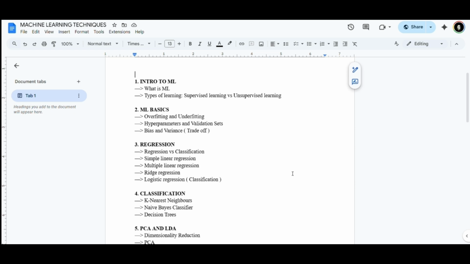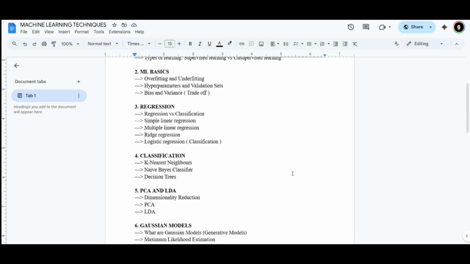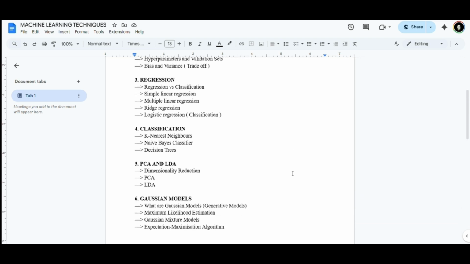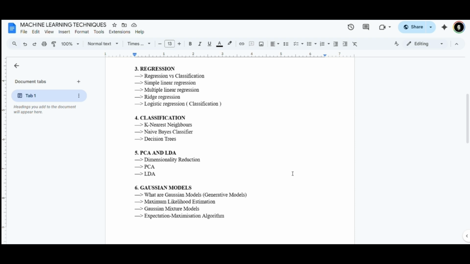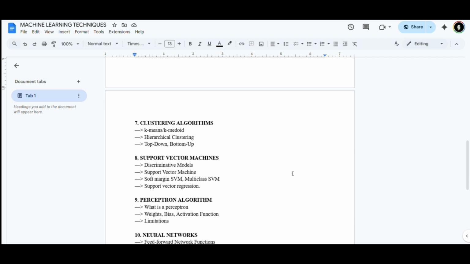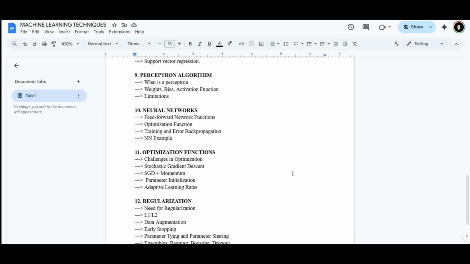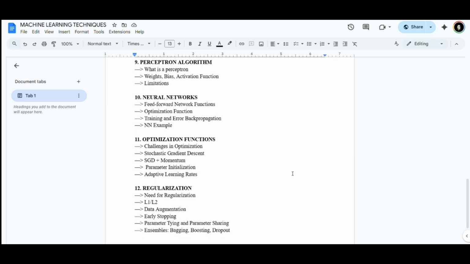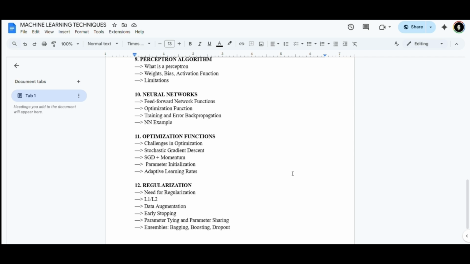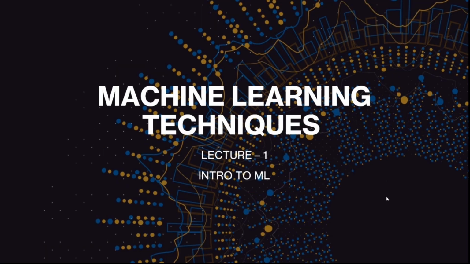Then you move on to supervised learning of regression and classification, then dimension reduction methods of PCA and LDA, and then moving on to Gaussian models, clustering algorithms for unsupervised learning, SVMs, SVRs, perceptron algorithm, and eventually a small peek into deep learning where you get introduced to neural networks, optimization functions, how they work, and what is regularization. So all of them come under neural networks. Let us start with the first lecture, which is Introduction to Machine Learning.